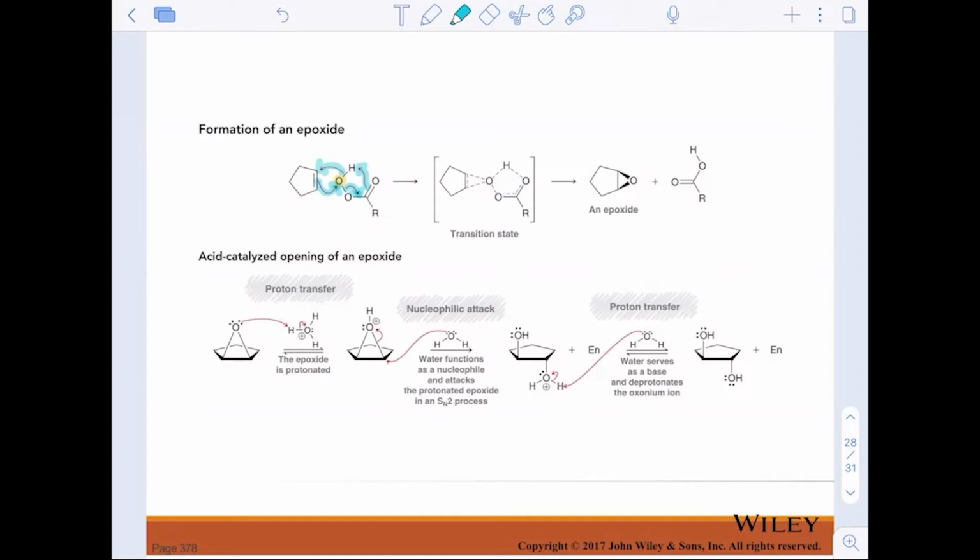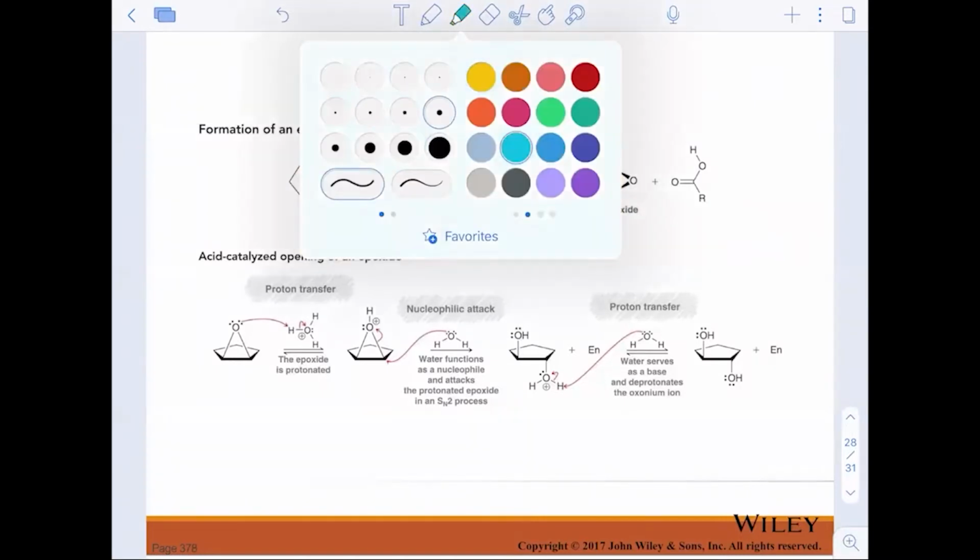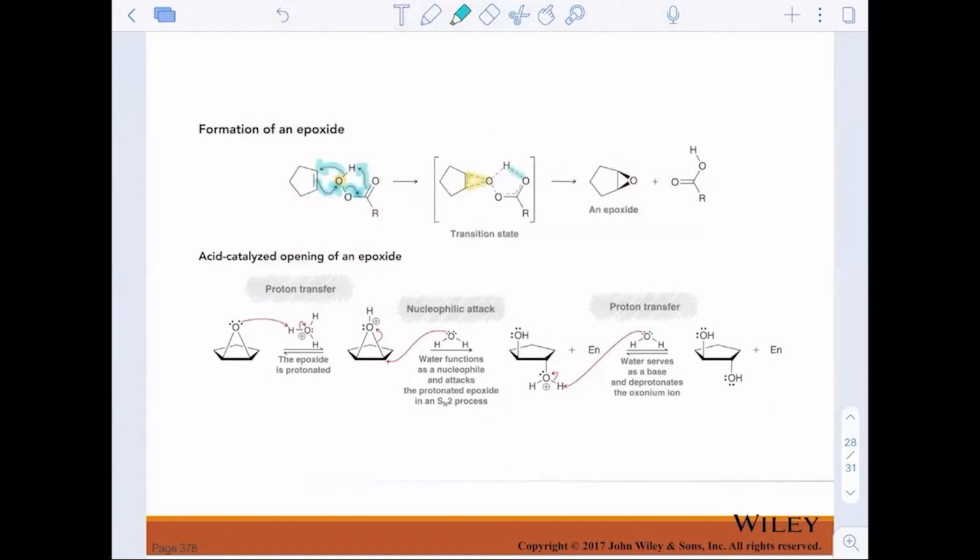And so take a minute to really understand how this transition state is not only abstracting that oxygen that's most reactive from the molecule. What we end up making is a carboxylic acid with an epoxide. This is step number 1, what that peroxy acid would do.